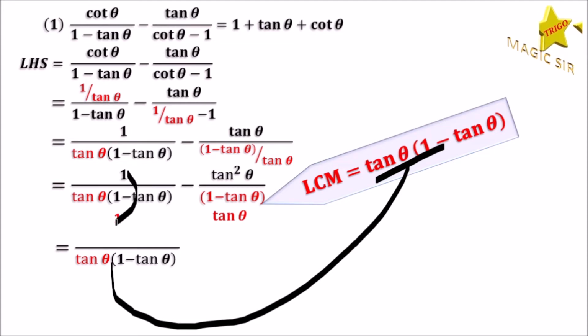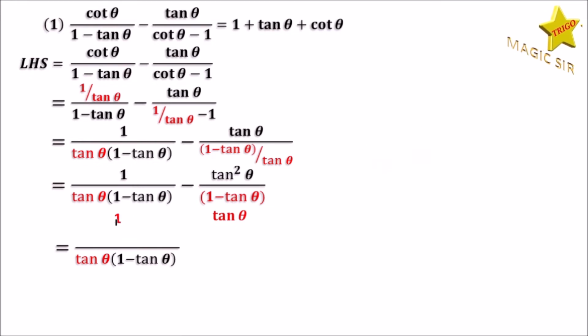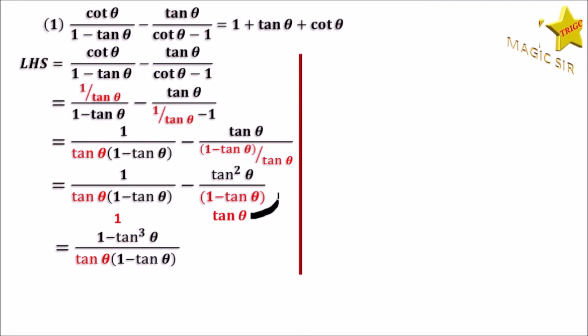Here 1 into 1 is equal to 1, minus tan theta into tan square theta is equal to tan cube theta.